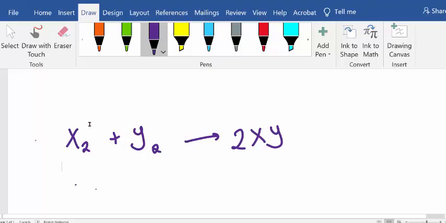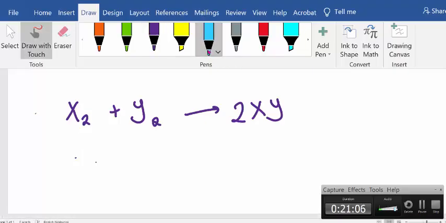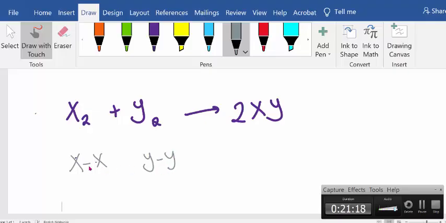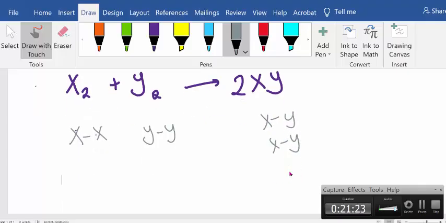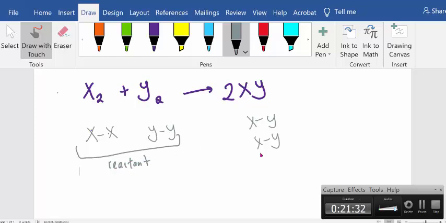When they give you a question, you know, X and Y are just examples. X has a bond, and Y has a bond. So this and this react, and then they form XY. This is the reactant and this is the product.